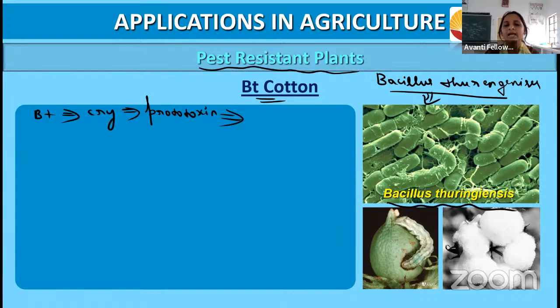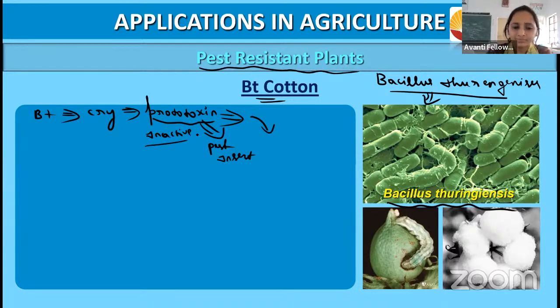Whenever any insect or pest feeds on this bacteria, this protoxin is in the inactive form inside the bacteria. Now this protoxin is going to be activated and converted into the toxin.